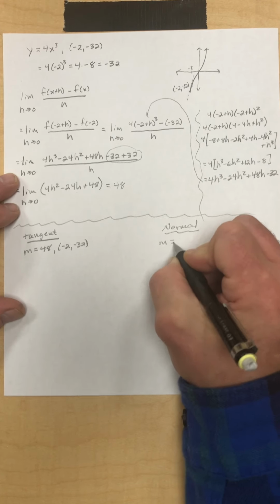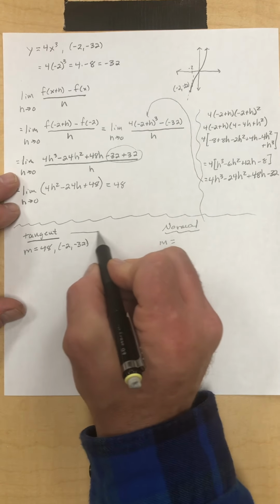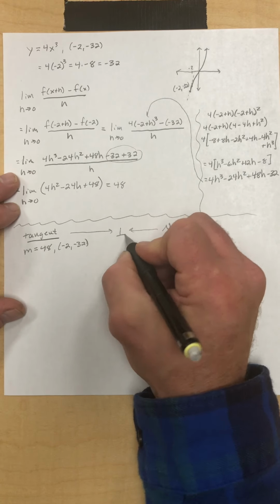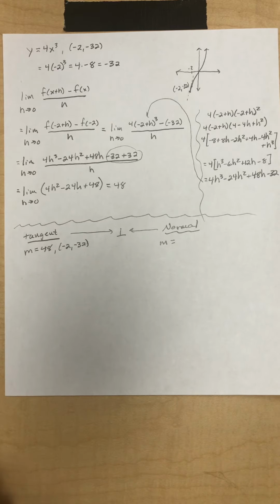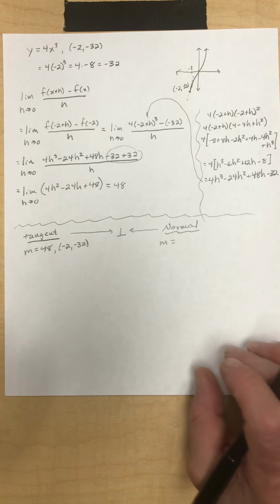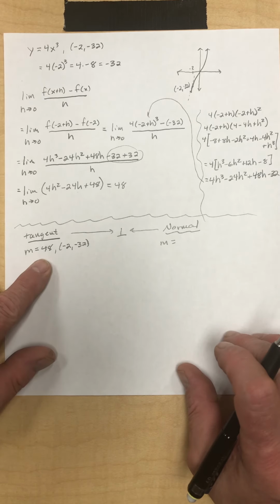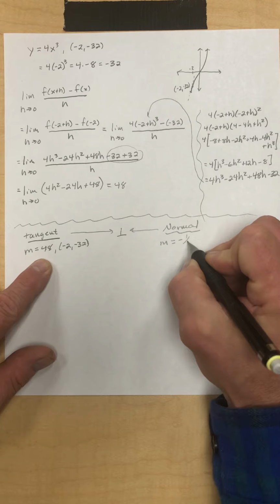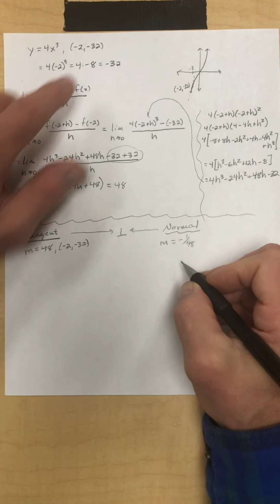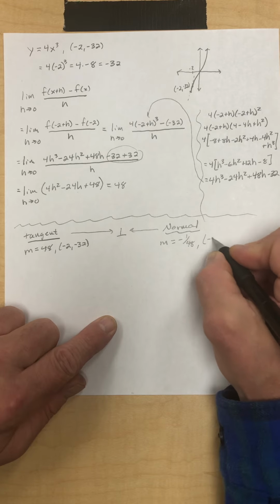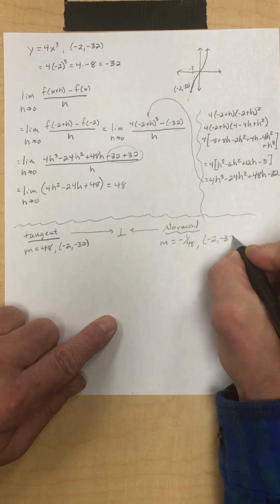So remember, these two guys have to be perpendicular to each other. And remember, when lines are perpendicular, they have slopes that are opposite reciprocals of one another. So if this slope is 48, the opposite reciprocal would be -1 over 48. But it's still going through the same point, -2, -32.